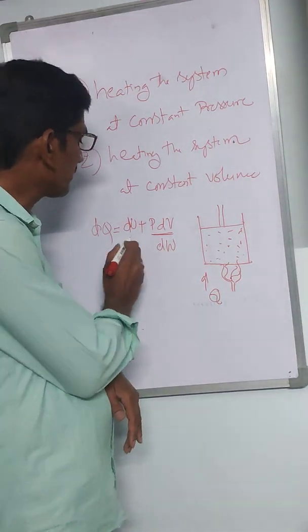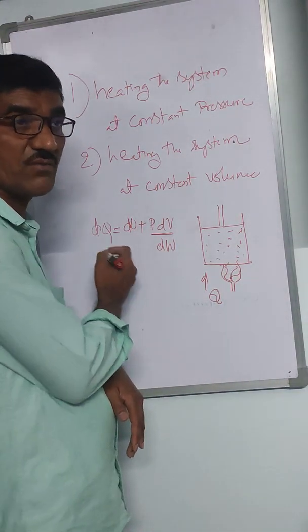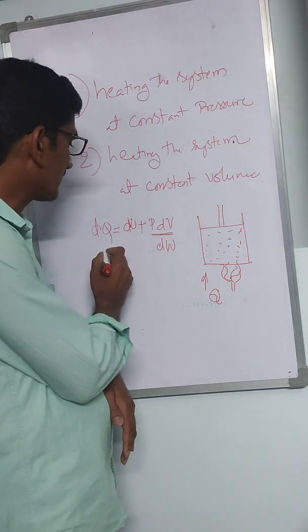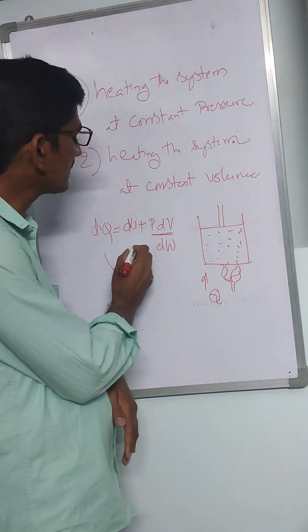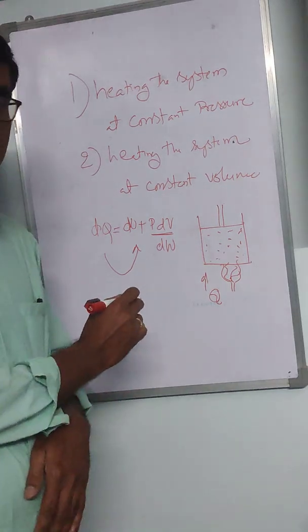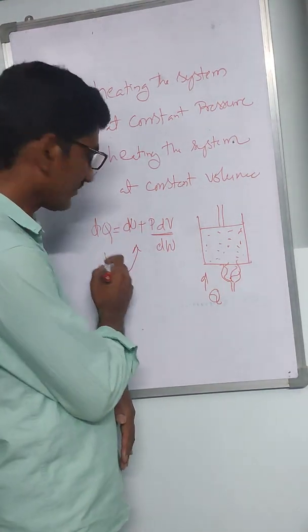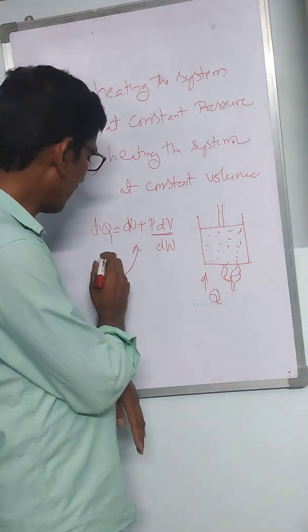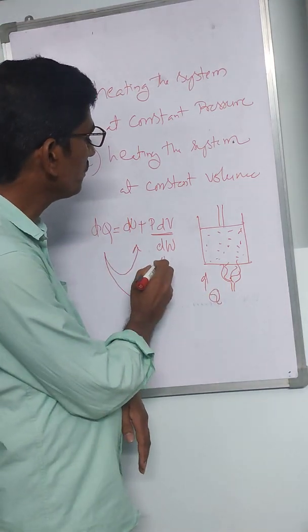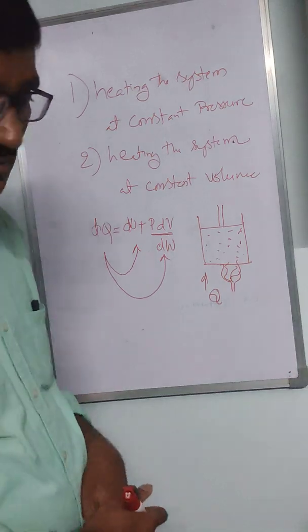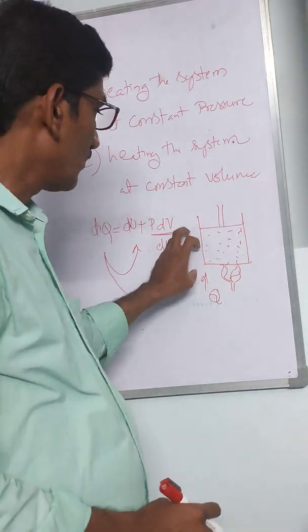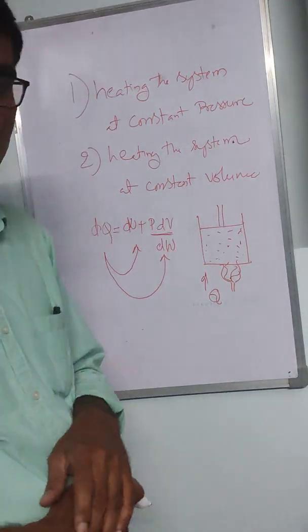Whenever you supply some heat to the system, it may be divided into two parts. It can be utilized for the rise in its internal energy, U meaning internal energy. Next, part of the given heat may also be utilized to do some external work.